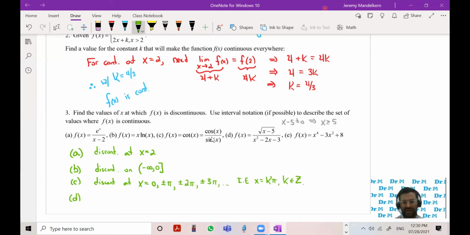For part D, we have here a function which is a quotient of a root function and a polynomial function. So this function is going to be discontinuous where the numerator is not a real number. So that is on the interval from -infinity up until 5. And we would not include 5 there because 5 is actually okay to plug into the numerator.